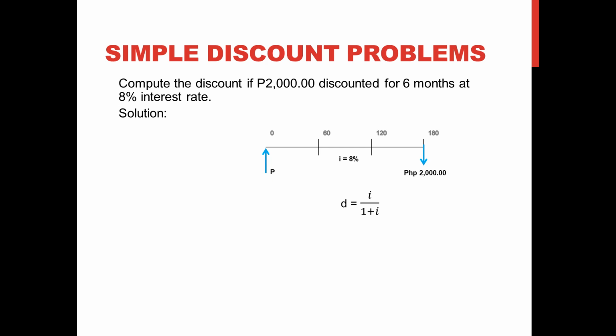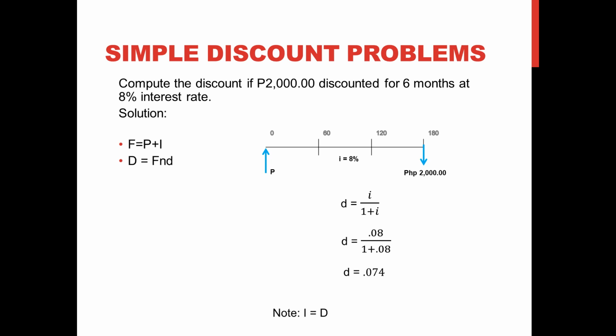If we intend to use the future worth, the formula for discount is future times number of interest period times D. So knowing D, madali na lang. Just substitute that one and then, of course, using this formula, we can arrive at 0.074 na discount.